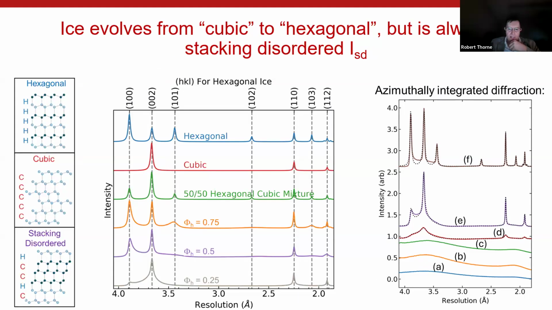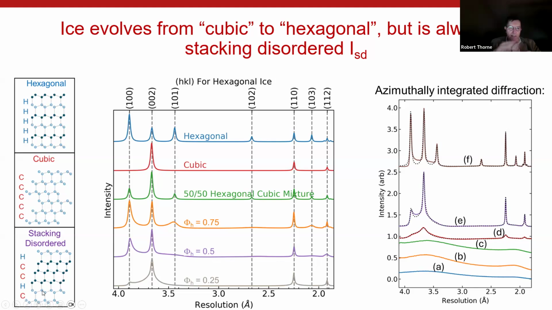So up top here, this is the expected diffraction pattern for hexagonal ice. And this is the expected diffraction pattern for cubic ice. It turns out none of these exactly match either cubic or hexagonal, and that's a general feature. What they do match is something called stacking disordered ice.